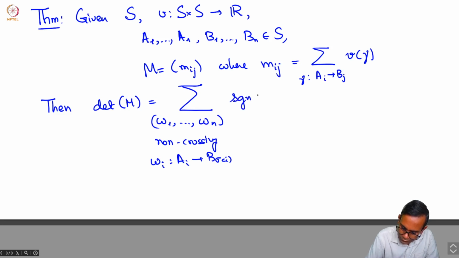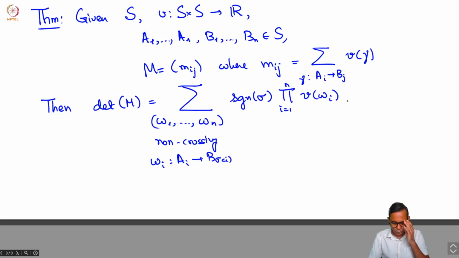But here we will still have the sign of sigma, and then the product, I goes from 1 to n, of v of omega I. So now we have lost positivity, but we have a more general setting in which the LGV lemma applies.